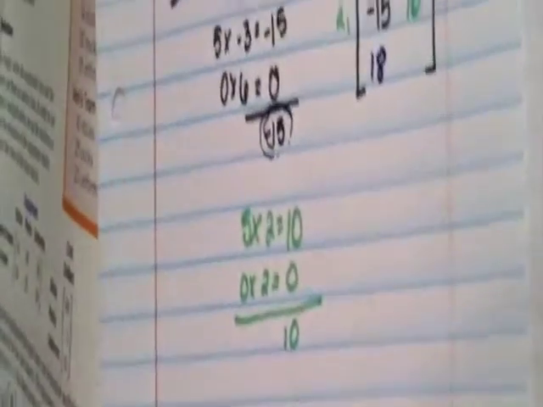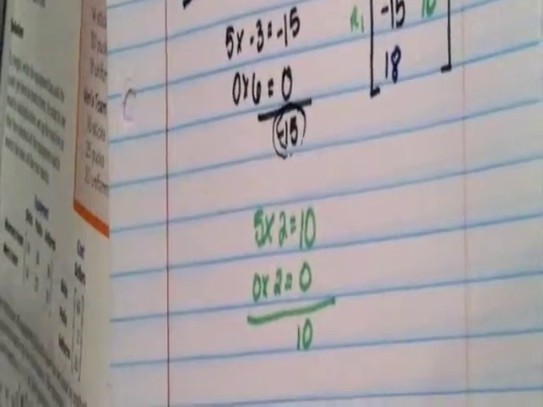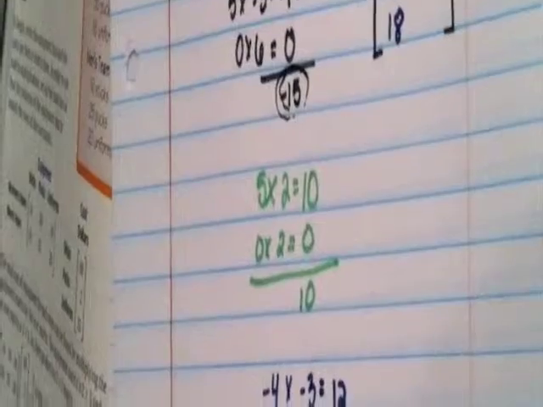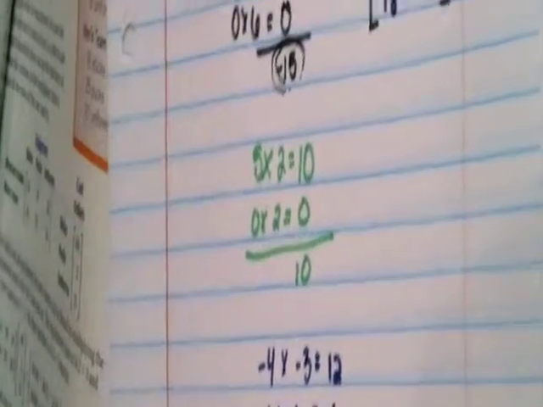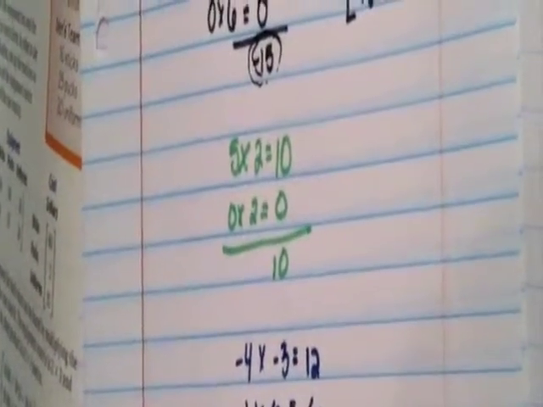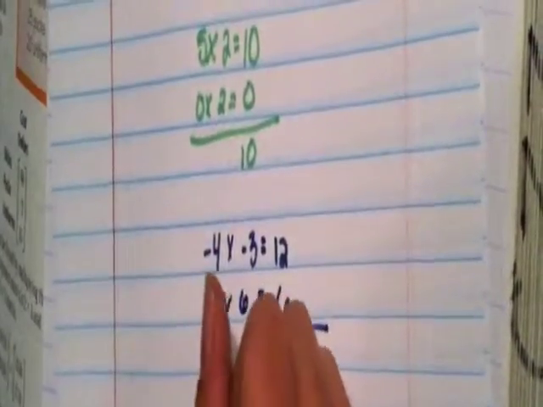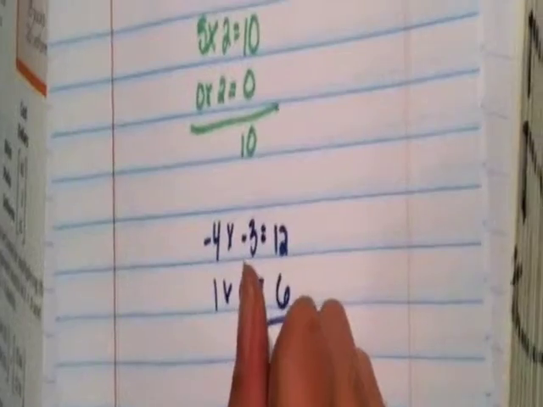Now, here's our very, very last step. We'll be doing row 2 by column 2. So -4 times 2 equals -8. 1 times 2 equals 2.